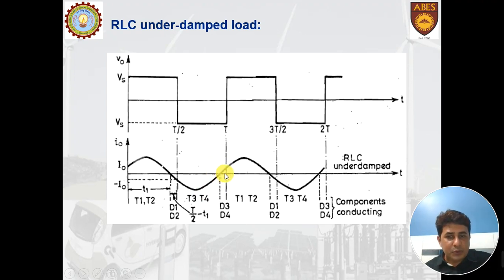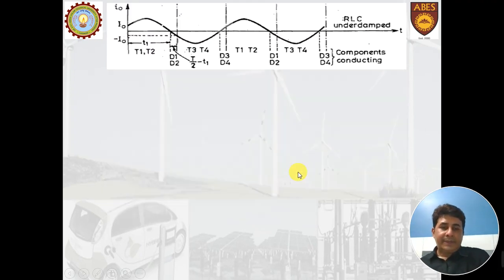So T3 and T4 will stop conducting here. From this point to this point, diodes D3 and D4 will conduct. Then again T1 and T2 will conduct, and T1 and T2 will stop conducting here. In this case, you can see that thyristors T1, T2 or T3 and T4 are not forcefully commutated.